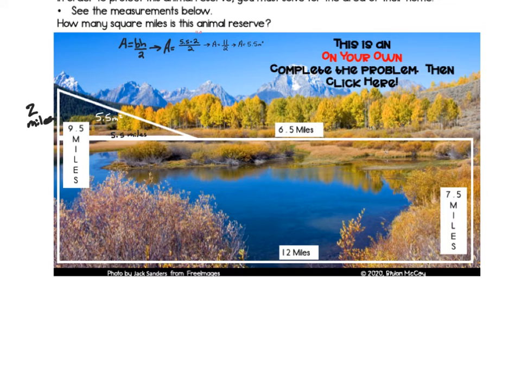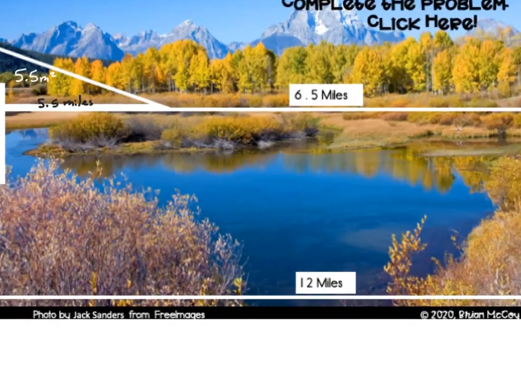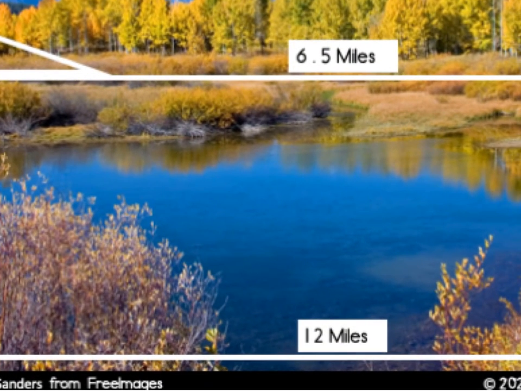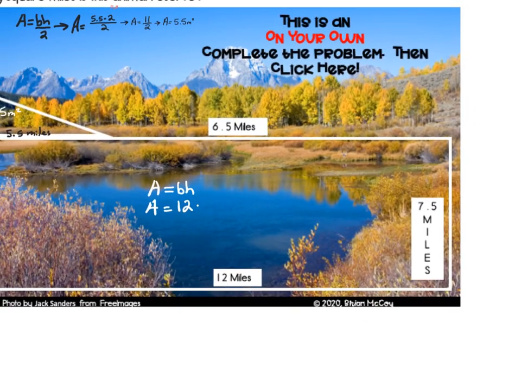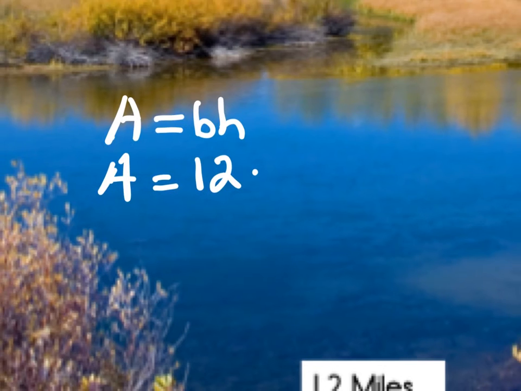And we're going to start off with the same formula we always do for a rectangle. And the area of a rectangle can be solved with A equals the base times the height. And my base is 12, so we'll go ahead and write A equals 12. And we're multiplying that by the 7.5. So let's go ahead and write 7.5 right there.